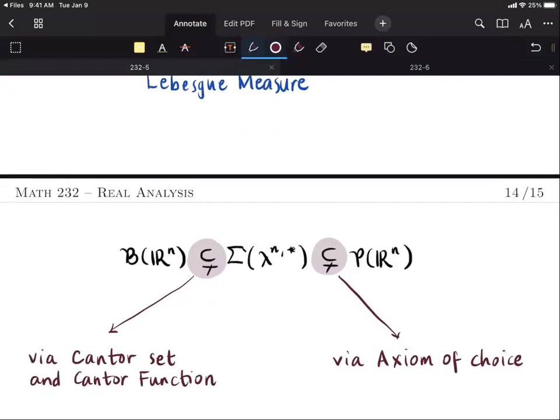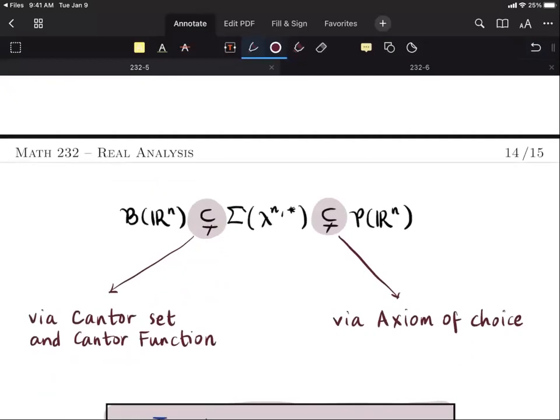Now, this second strict inclusion here tells us that not all subsets of Rn are Lebesgue measurable. In other words, there are non-measurable subsets of Rn. And an example can be provided via the axiom of choice. So again, if you are interested in the construction of a non-Lebesgue measurable set, then you can consult our course notes, specifically the appendix.